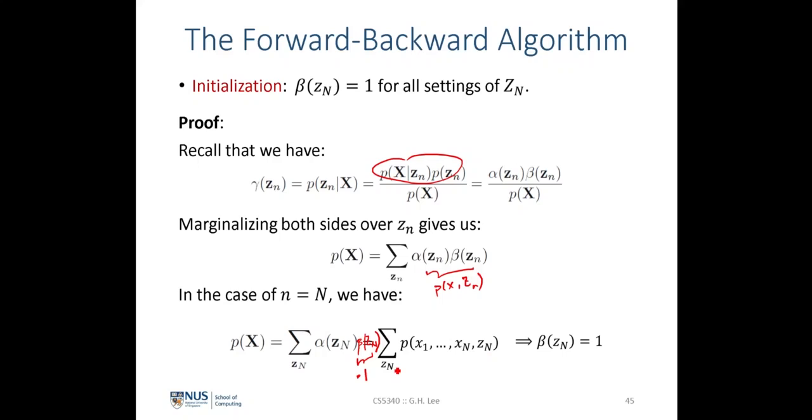If we marginalize away Zn, alpha Zn itself is already sufficient to define the joint probability distribution of all the observed random variables, and as a result, beta Zn needs to be set to 1, and we complete the proof here.